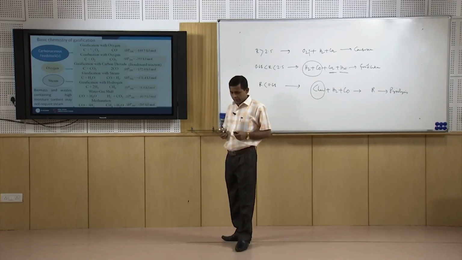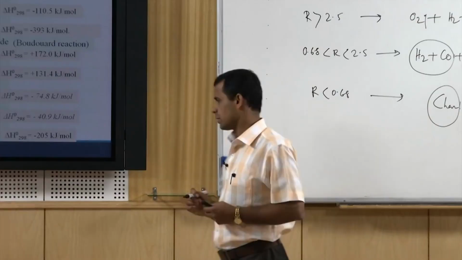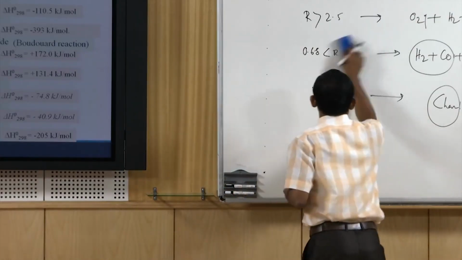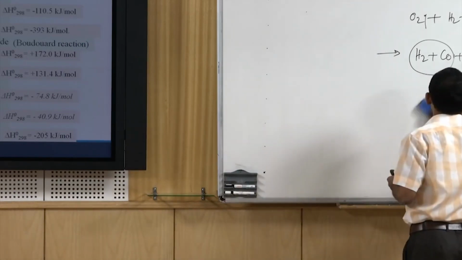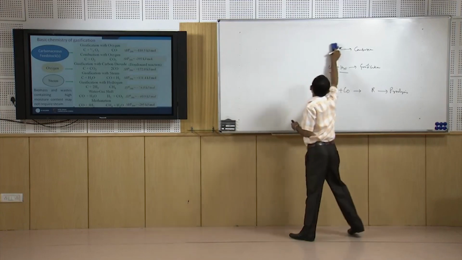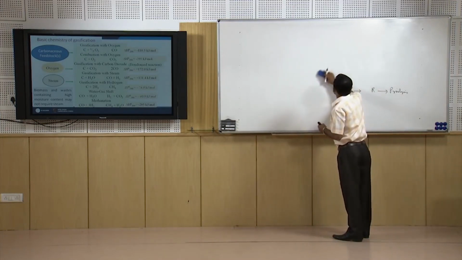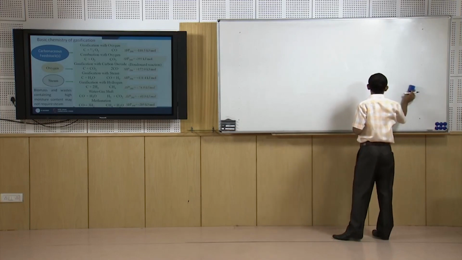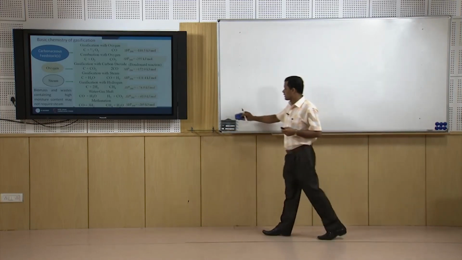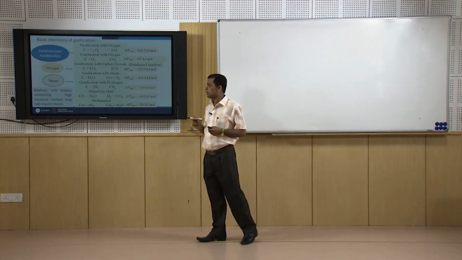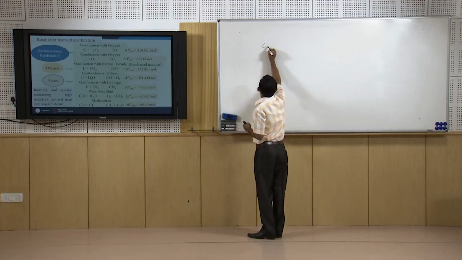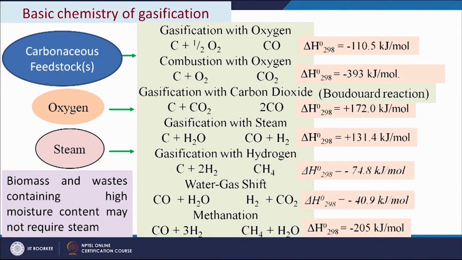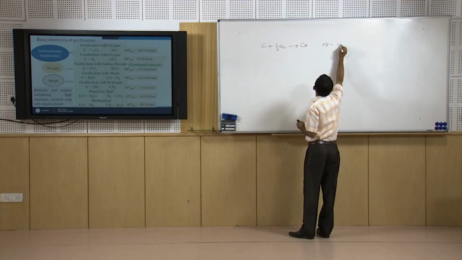Now we will see the basic chemistry of gasification. This chemistry involves the reactions of elemental carbon present in the feedstock with different agents like oxygen, carbon dioxide, H2O and H2. So, carbon will react with oxygen to give CO, with del H negative.